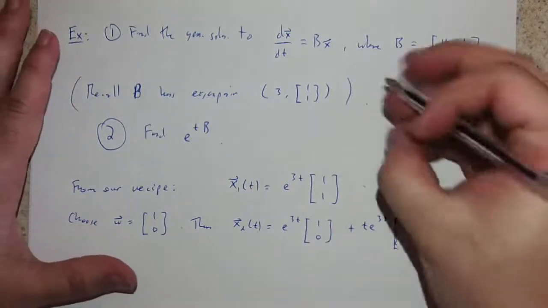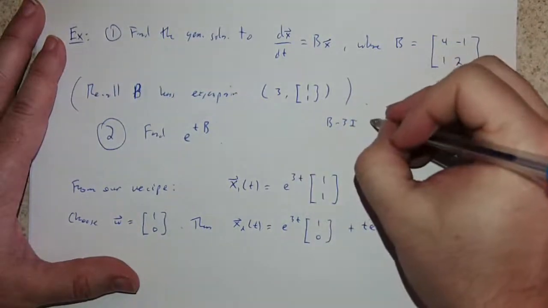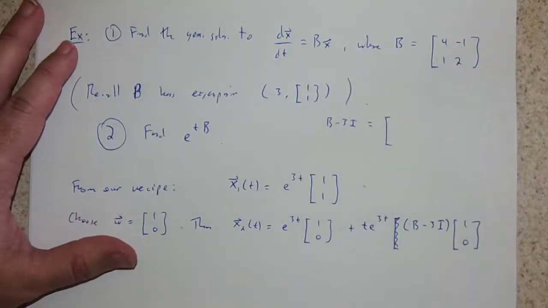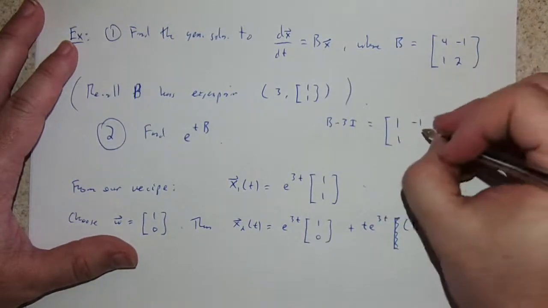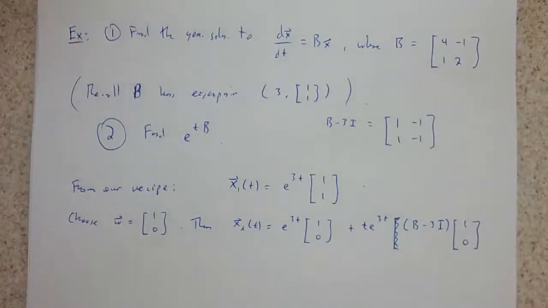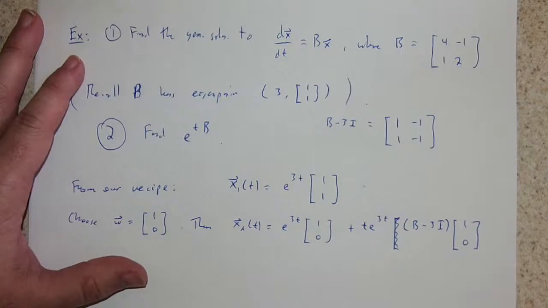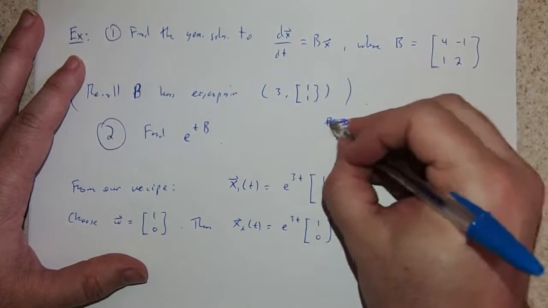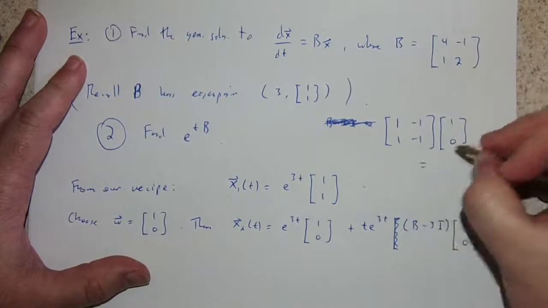Let's do B minus 3I separately. That's the matrix B minus 3 times the identity. So this would be 4 minus 3 in this slot, so that's 1. Minus 1, 1. And this would be 2 minus 3 in that slot, so minus 1. What would this matrix times the vector (1, 0) be?